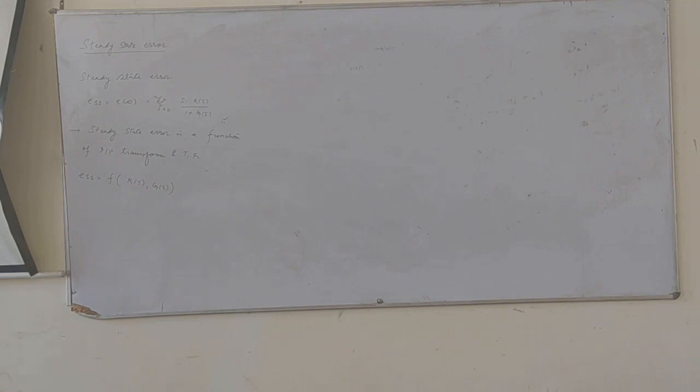Now from this expression, today we are going to deduce some more expressions. There are three terms, namely the position error coefficient, the velocity error coefficient, and the acceleration error coefficient. The respective inputs for these three quantities will be a step input, a ramp input, and a parabolic input.